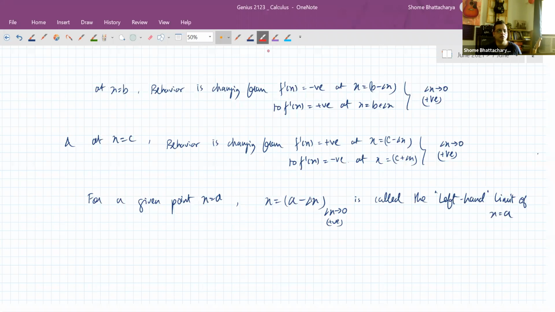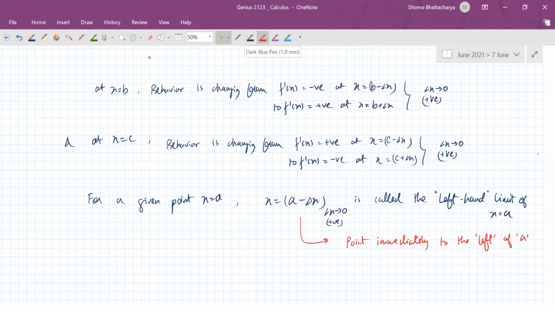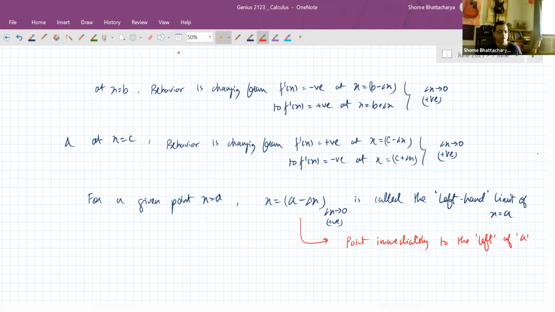So this point is immediately to the left of a. Yes, Nishchay. Sir, can you please explain this left-hand limit again? Yeah, I'm explaining that only. Let's write down the definition first.